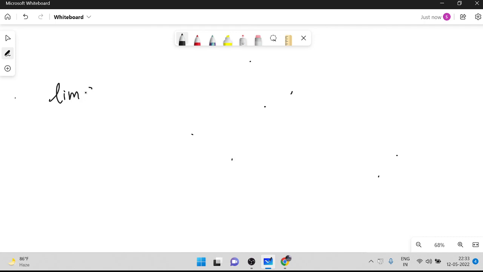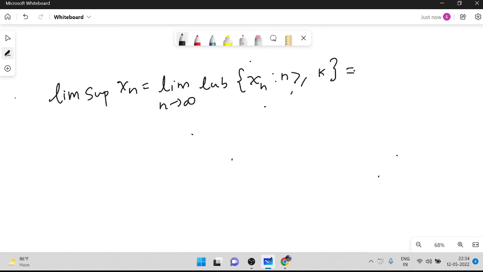Limit supremum of a sequence xn is equal to the limit as k tends to infinity of the least upper bound of xn such that n is greater than or equal to k, which is the limit as k tends to infinity of alpha k.